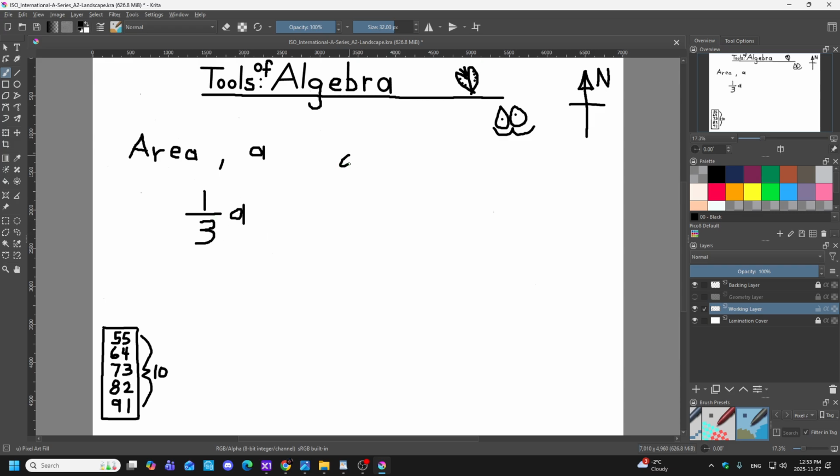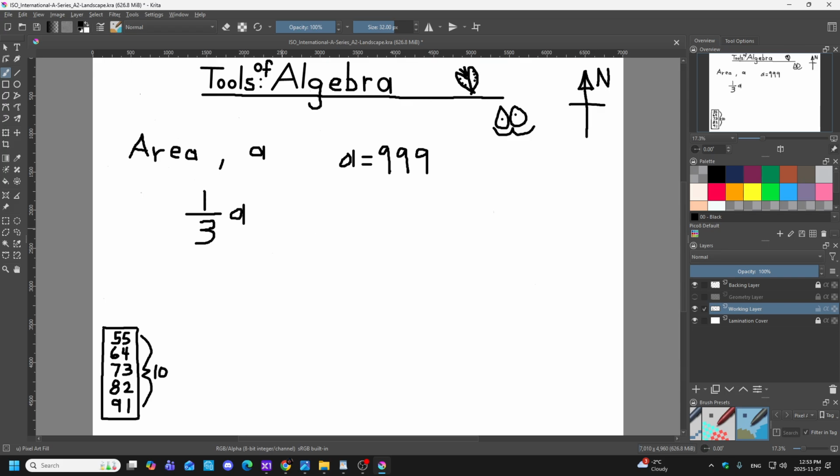So let's say, for example, our whole area was, let's go with some nice even numbers, because we know 3 divides nicely into 999. So we would have 1/3 times 999.